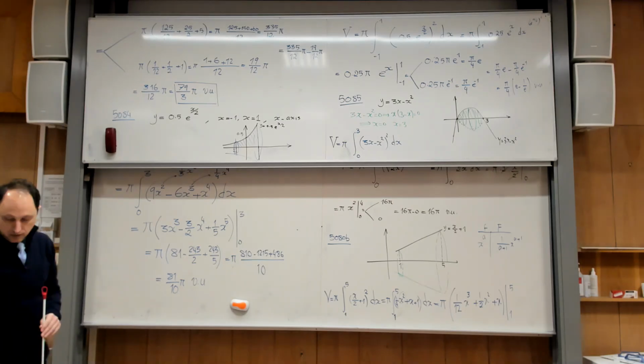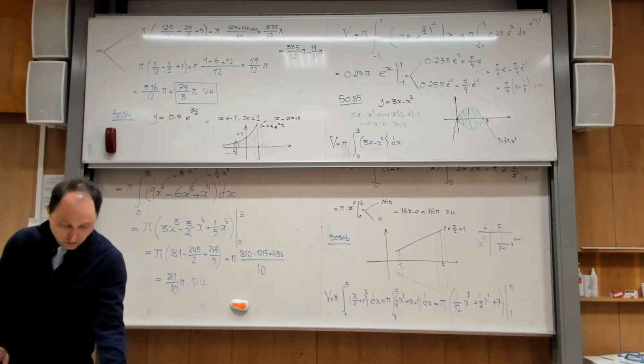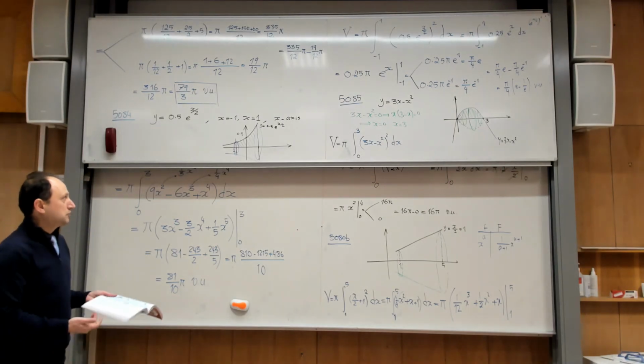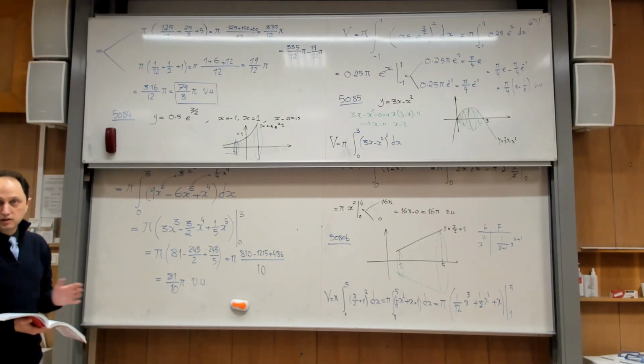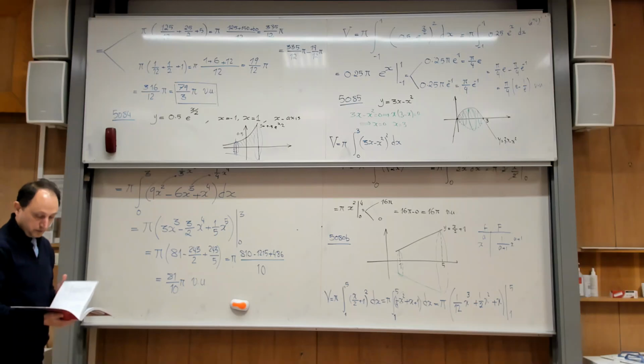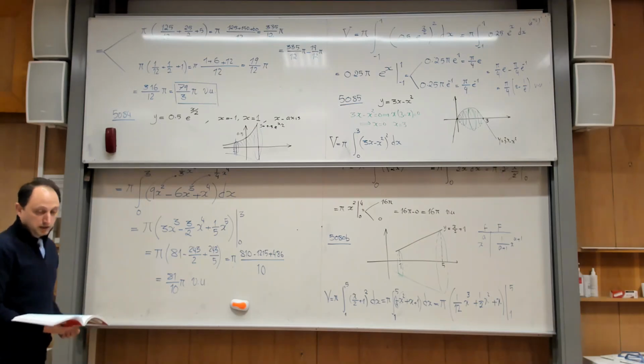Let me double check. So you see that was a level 2 problem, but I don't think it was hard. The only thing probably considered level 2 problem, you need to find the limits yourself. 0 and 3 was not given directly in the problem. Yeah, the answer is correct. 81 pi over 10.